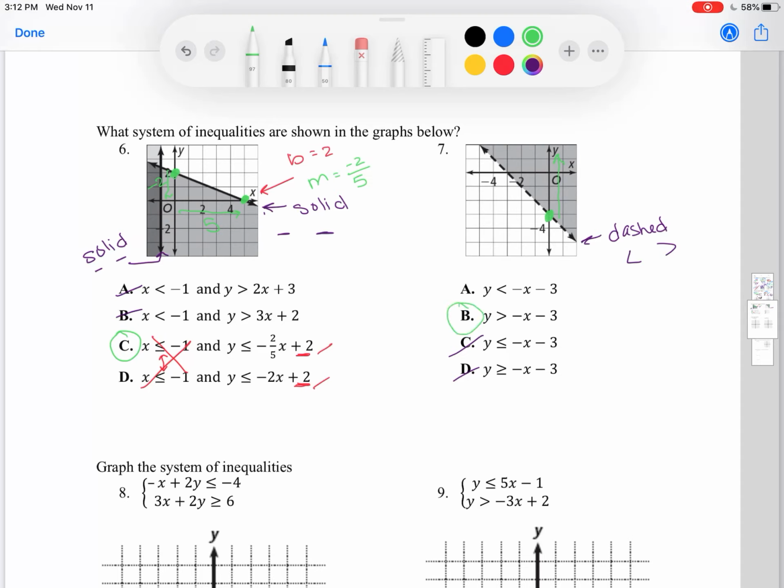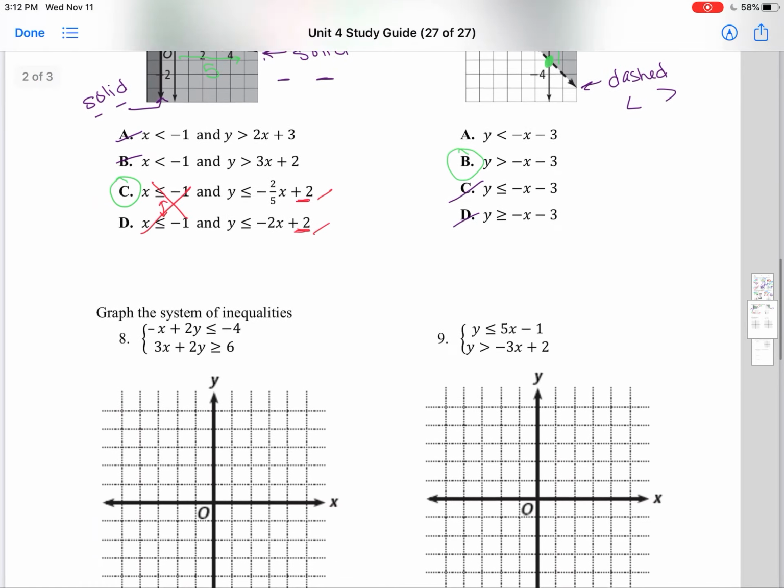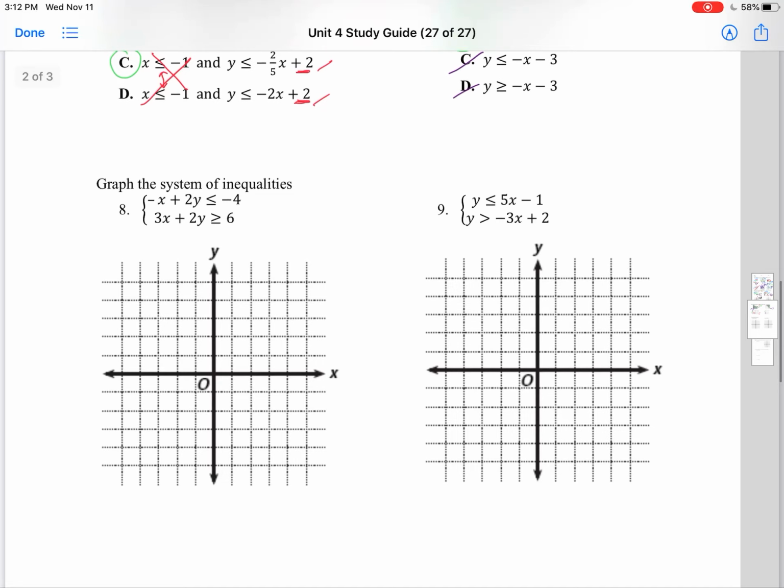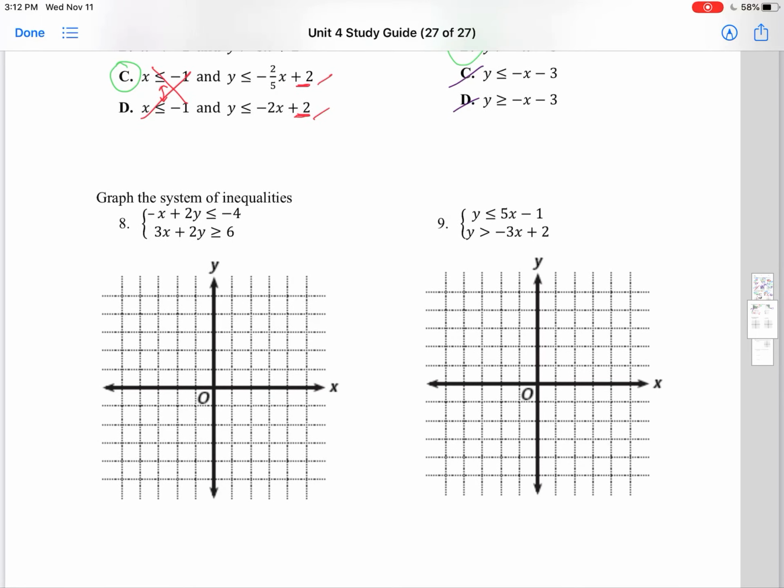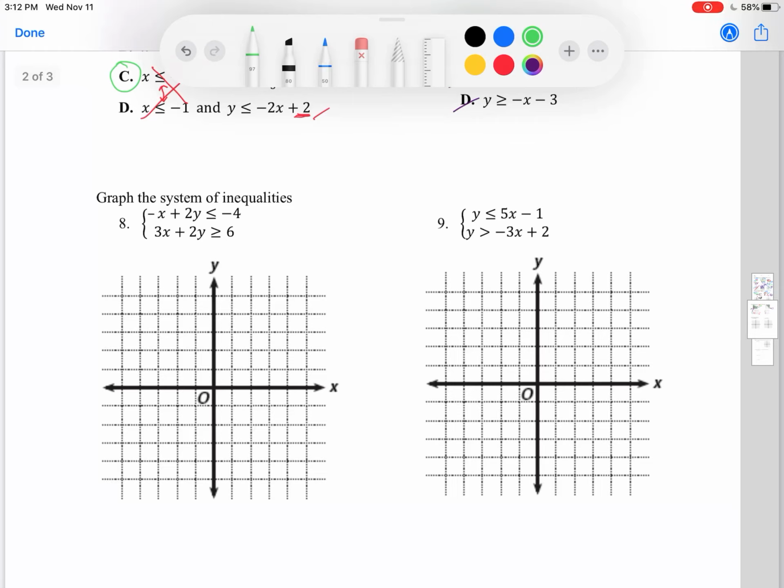And remember, you're talking about your y value, so you're going up and down when we look at the y's. So up means greater, down means less than. And when I look, I say, well, it's shaded above that line, it's shaded everything greater than that line, so I want to choose option B. Okay? Use your clues when it comes to choosing these answers.